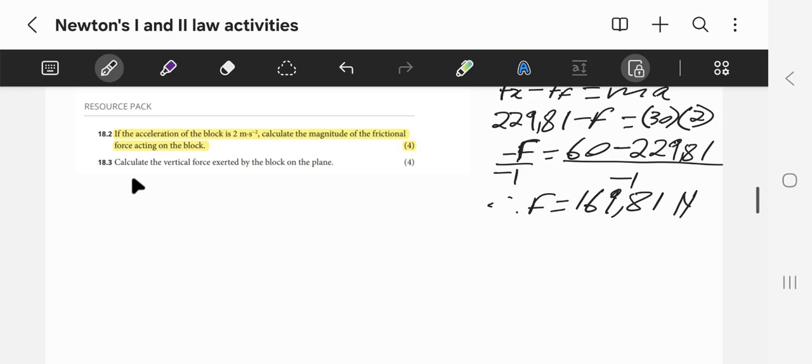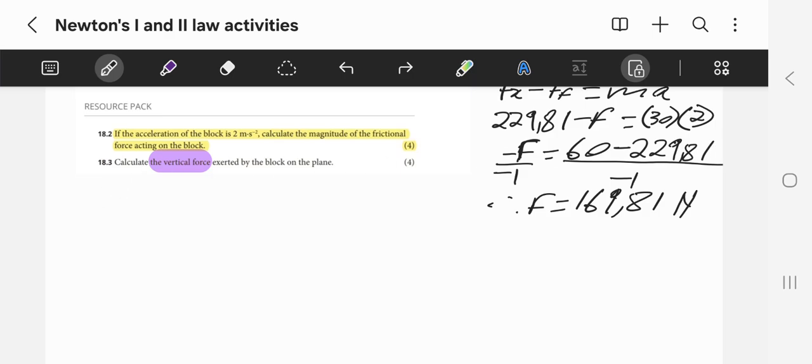The last question here says calculate the vertical force exerted by the block on the plane. If they say we must find the vertical force, guys, they're actually saying to us find the normal force. Okay, that's what they are saying, find the normal force. How do we find the normal force?